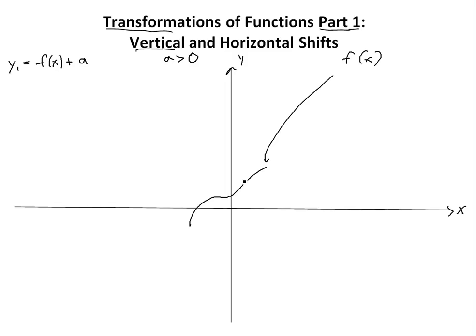If this is f of 0, then this would be f of 0 plus a, so all we're doing is shifting up by a. From here to here is a. And if this is f of negative something, you would just shift up a again. All it is is a shift up.